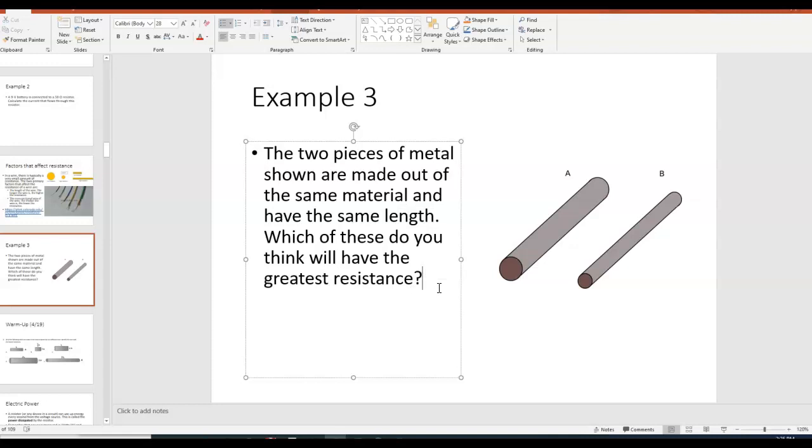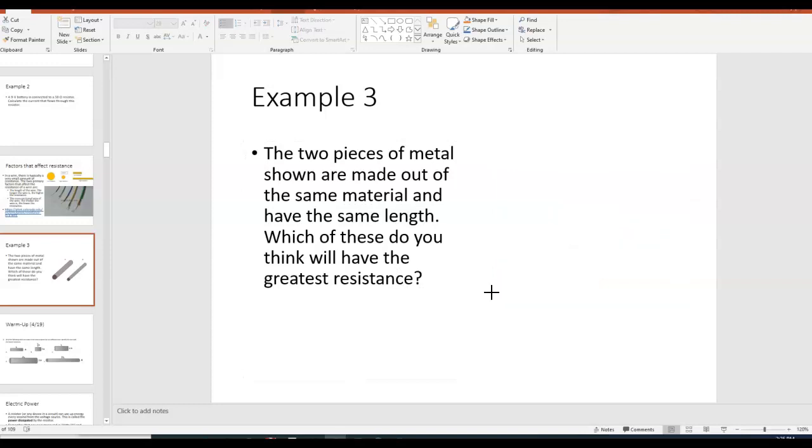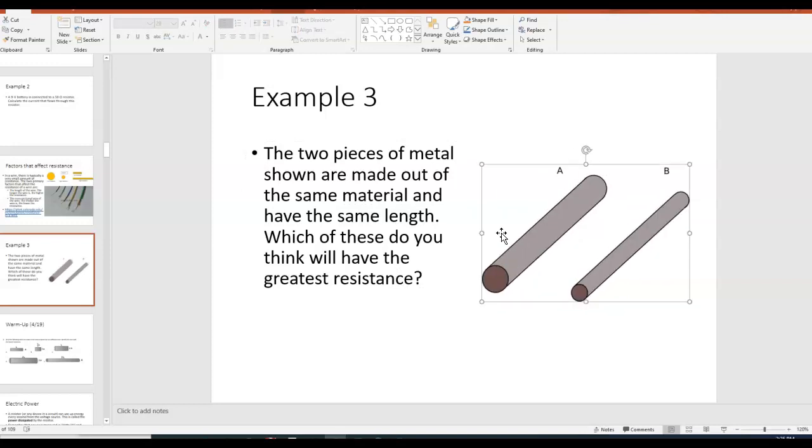Now remember, the three factors that affect electrical resistance of a wire are the material, which in this case they're made out of the same material, the length, in this case they have the same length, and the cross-sectional area or the thickness. Okay, now looking at these two, they're made of the same material and the same length, but A is thicker.